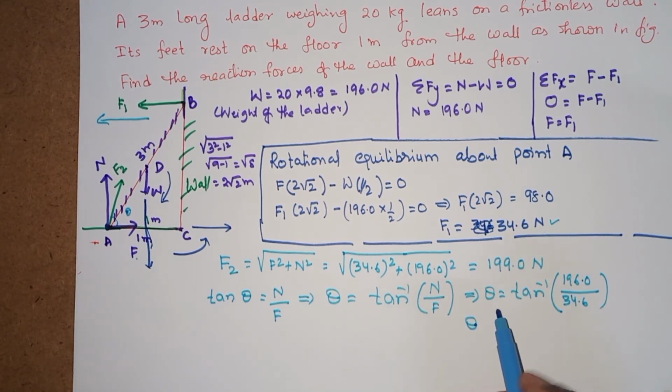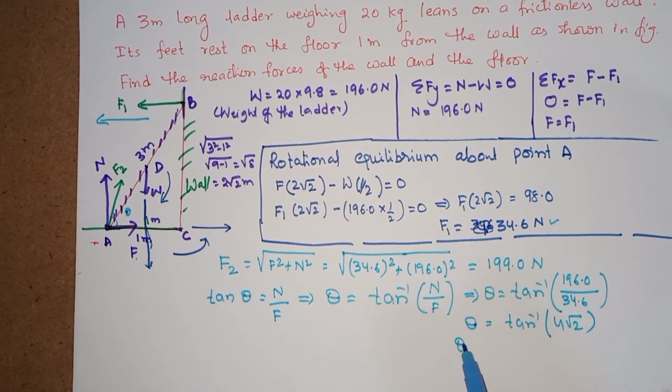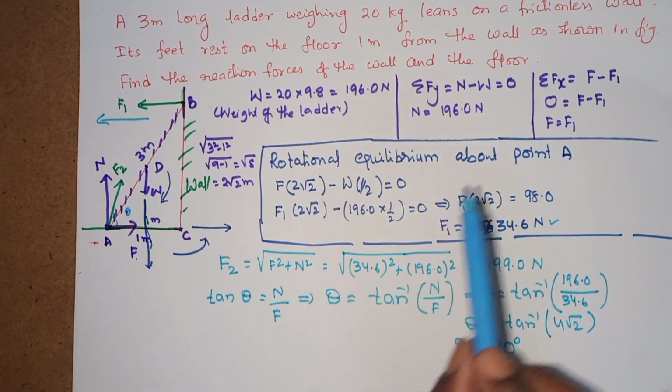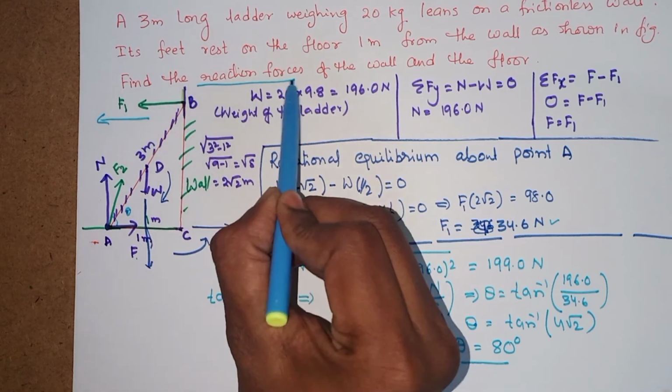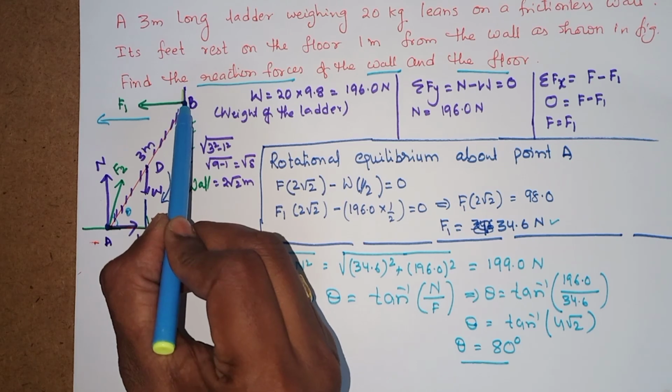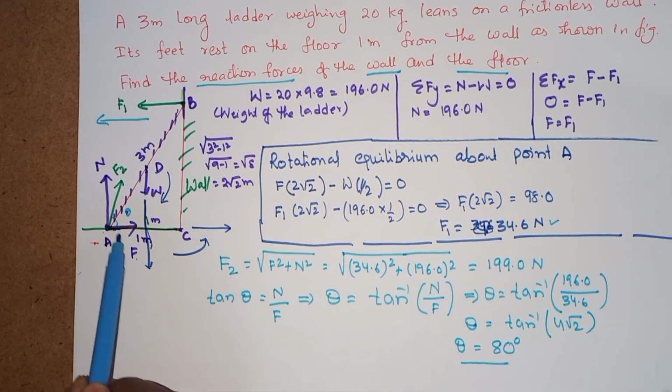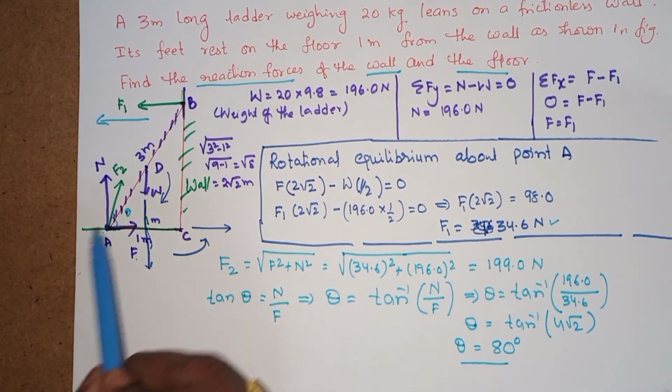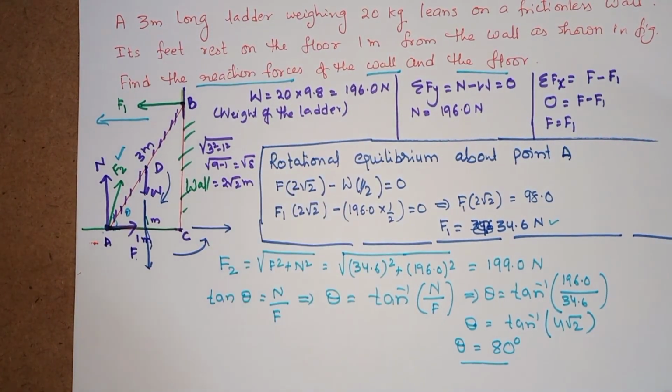Approximately, theta is tan inverse of 4 root 2. Just do the calculation with a calculator. Approximately 80 degrees. Of course this is not asked; the problem only asks for the reaction forces of the wall and floor. The reaction force of the wall is F1 and of the floor is F2.